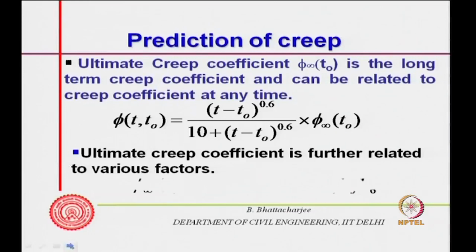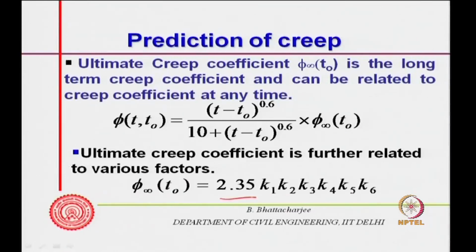So, let us see how they are related. Phi infinity is given by 2.35 k1, k2, k3, k4, k5, k6, so there are 6 factors to which you can relate.